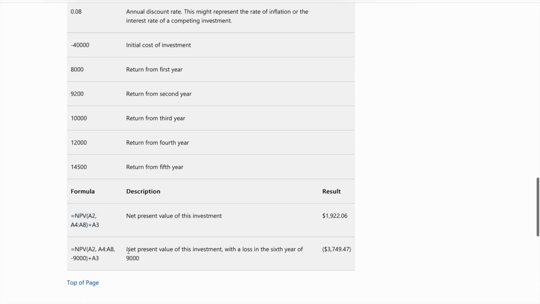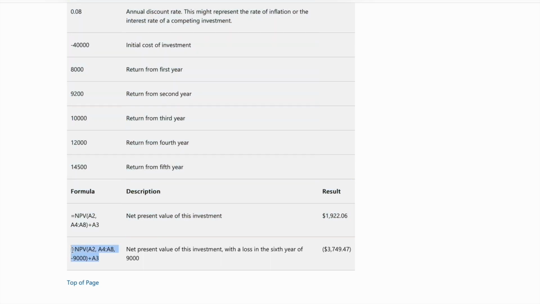Then here what we are doing is we are going to find the net present value for this investment with a loss in the sixth year of 9,000. Okay. So for that we just have to subtract 9,000 from this.